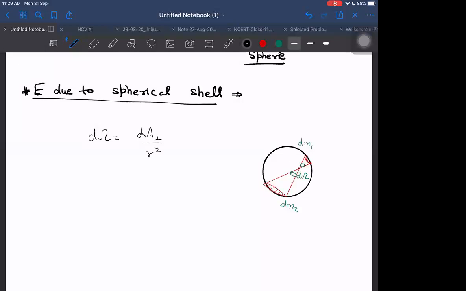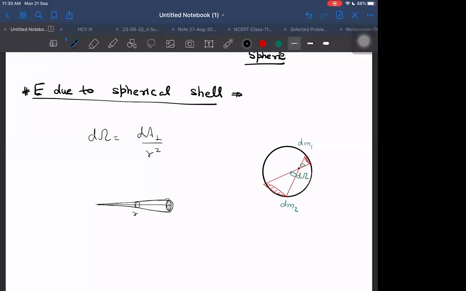Solid angle means if I have a small area placed perpendicular to the radius, then the solid angle that area will be subtending is equal to dA perpendicular divided by r square.